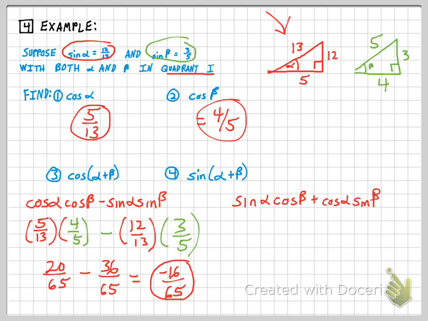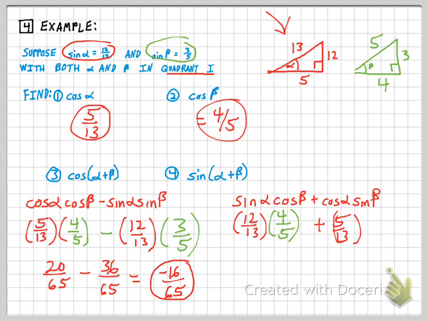Sine alpha, 12/13. Cosine beta is 4/5. Cosine alpha is 5/13.